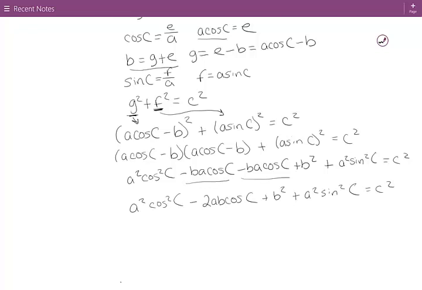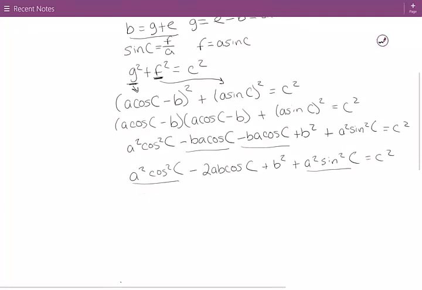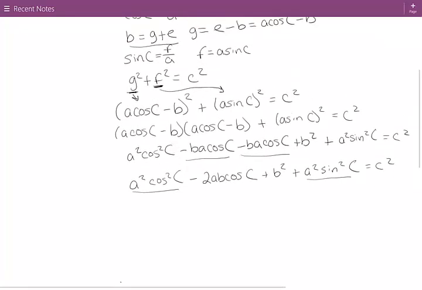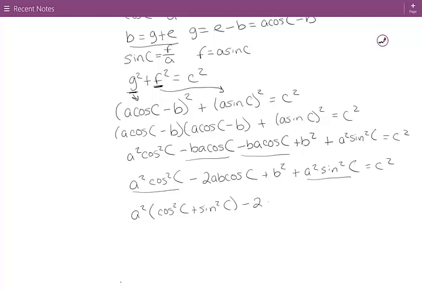Looking through this equation, I also see some trig identities. Sine squared plus cosine squared is equal to 1, and they both have the same factor, A squared, attached to it. So I'm going to bring an A squared out. That would be A squared times cosine squared of C plus sine squared of C, minus 2ab cosine of C plus B squared is equal to c squared.